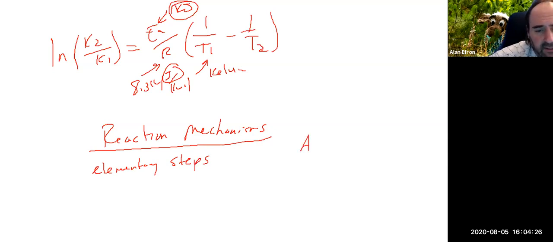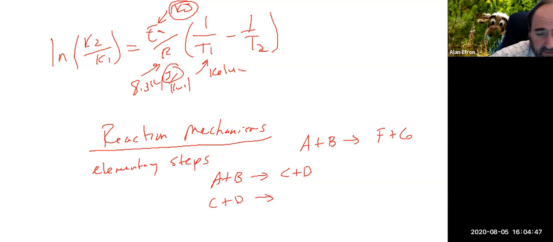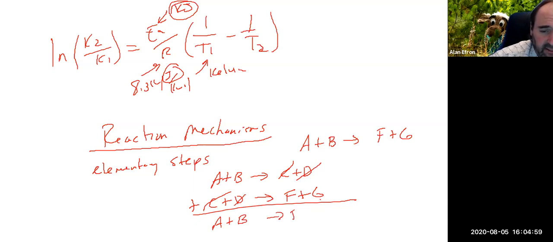Again, not all reactions actually go from reactants directly to products. There may be some steps along the way that happen. For example, A plus B maybe goes to C plus D, maybe C plus D then goes to F plus G. There's some intermediates. If you add them together, things that completely cancel out, that gives us A plus B goes to F plus G.